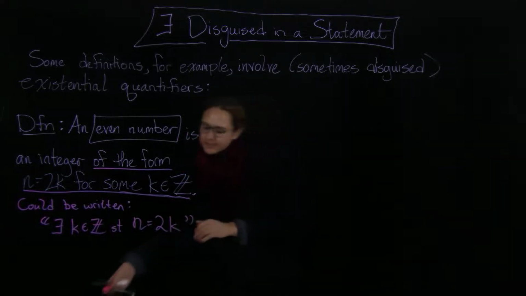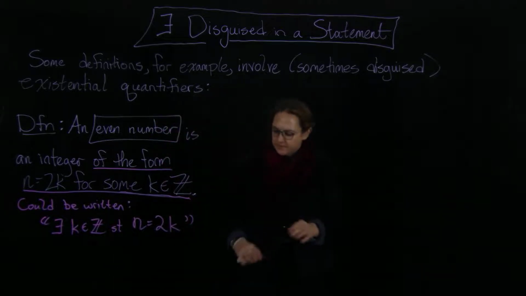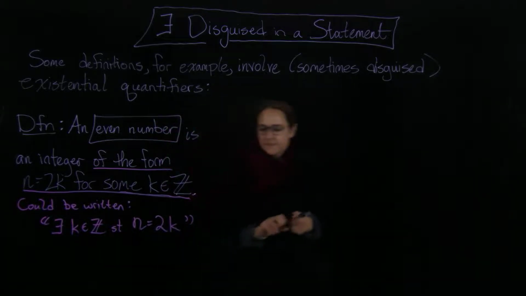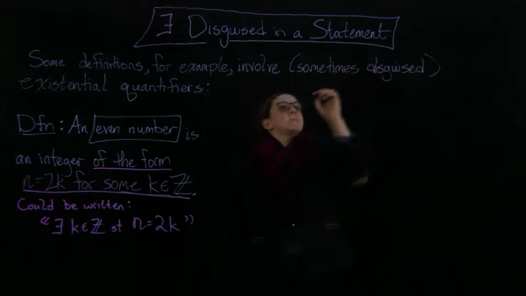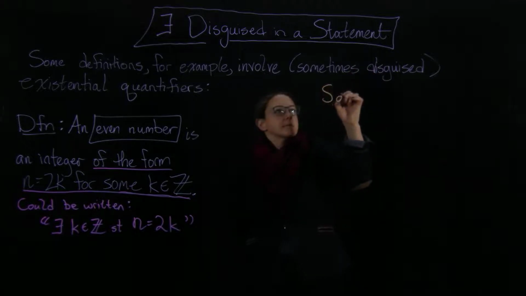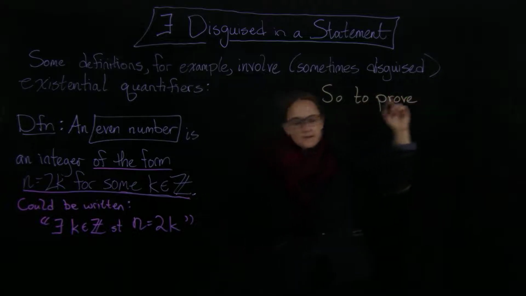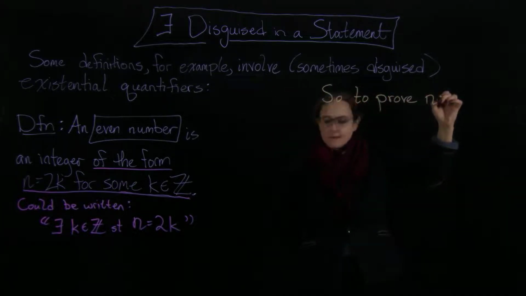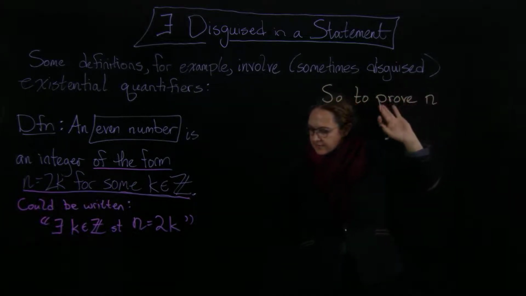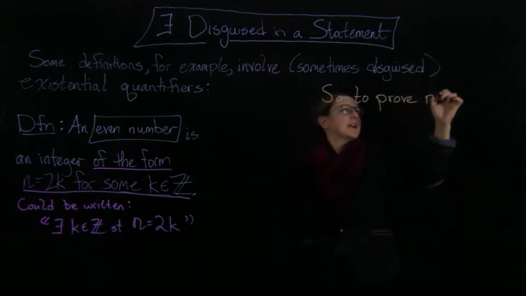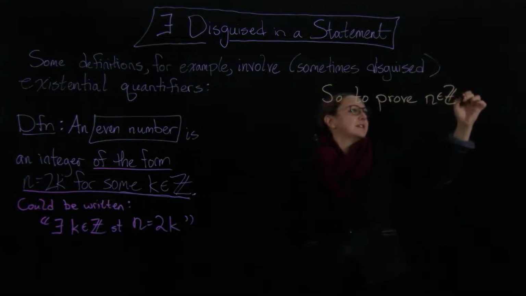So how would we prove that an integer n is even?